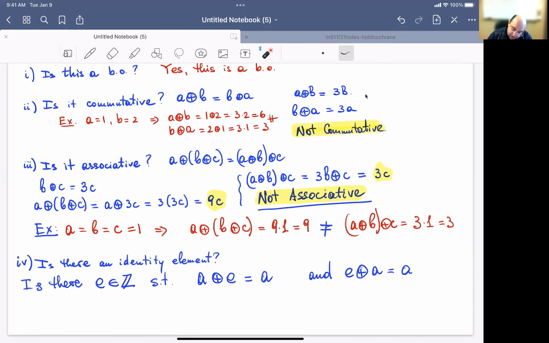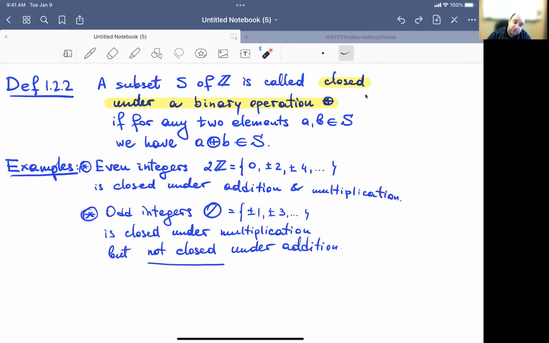At least in the case of addition, if you take odd integers, let's take 3 and 3 again, then if you add them, you get 6, so that's not an odd integer anymore. So odd integers are not closed under addition, okay? However, they are closed under multiplication. If you take two odd integers, the resulting thing would still be an odd integer, okay?